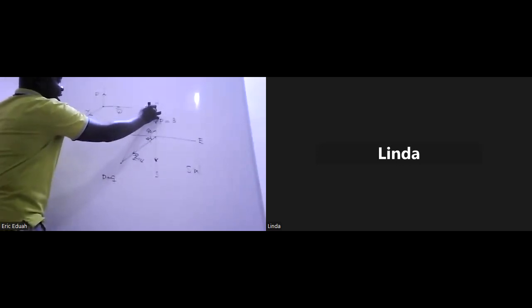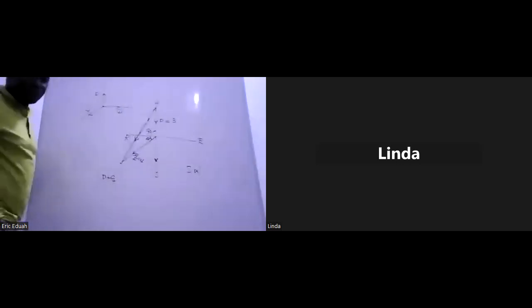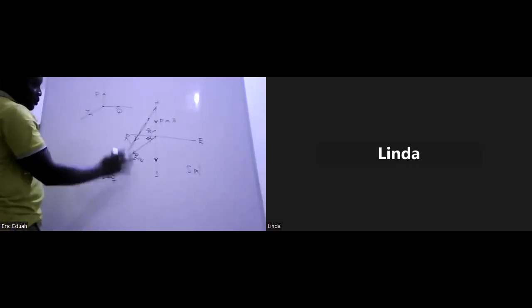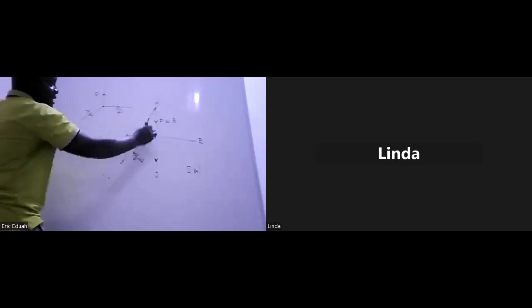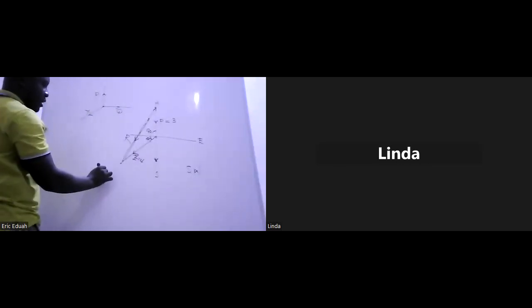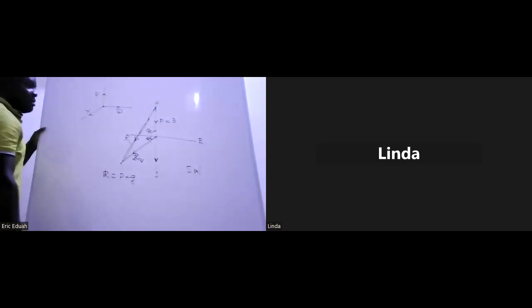When you draw a vector from the tail of this to the head of this, that will be the resultant R, because from the triangular law of vectors, this plus this must be equal to that. So R must be equal to P plus Q. Please, are we okay?